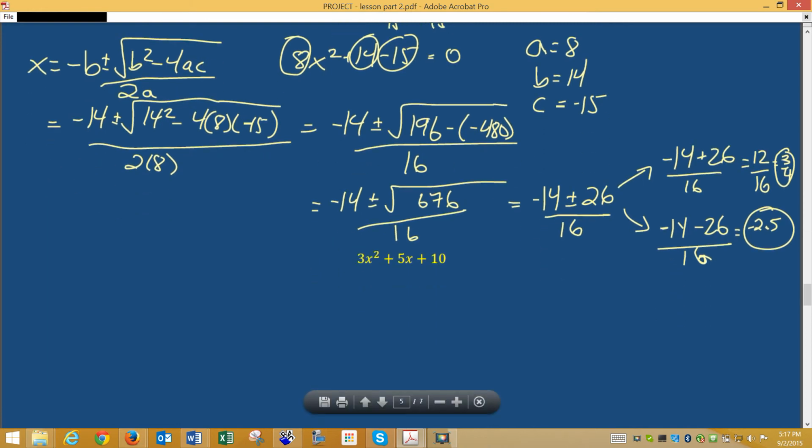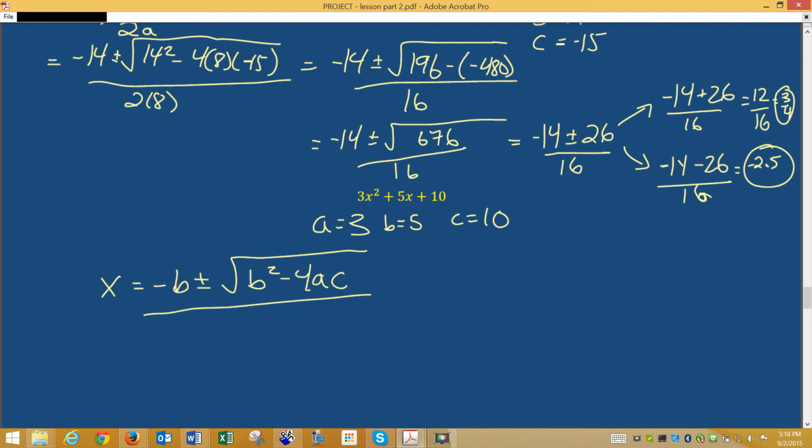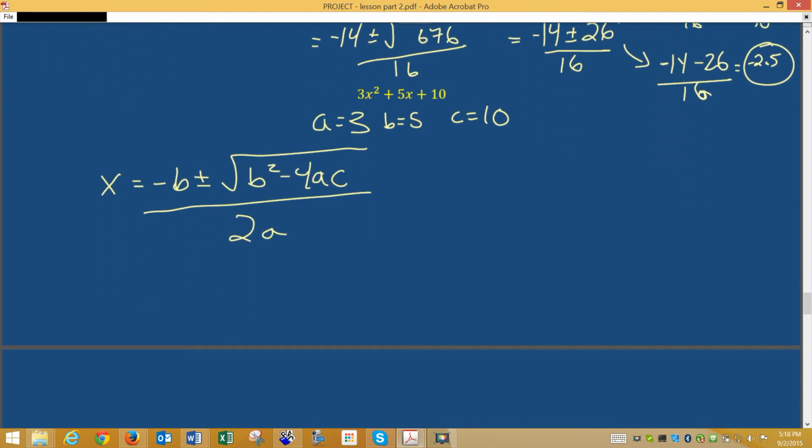All right, so last one. Okay, so I'm going to write out my a equals 3, b equals 5, and c equals 10. My quadratic formula. Okay, and I'm just going to substitute in the numbers now.